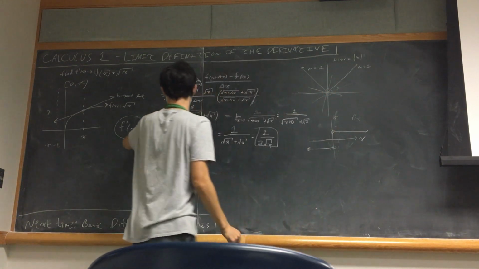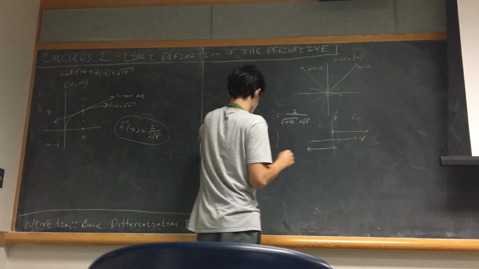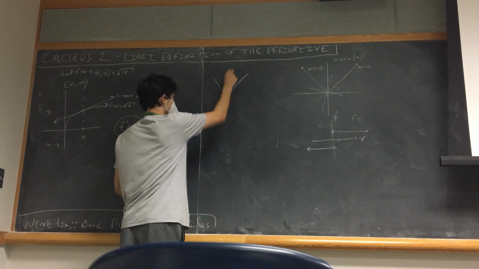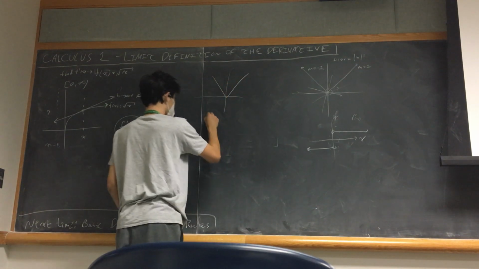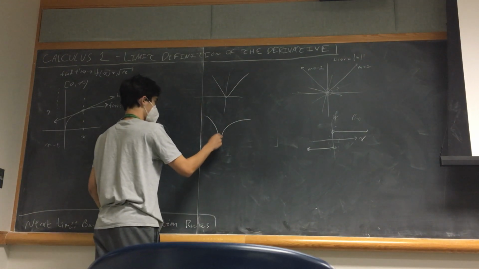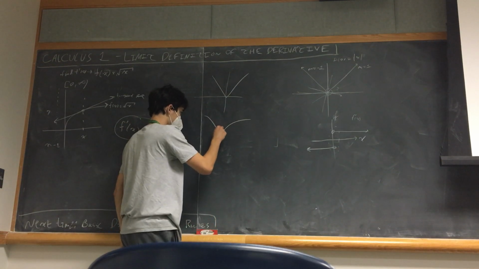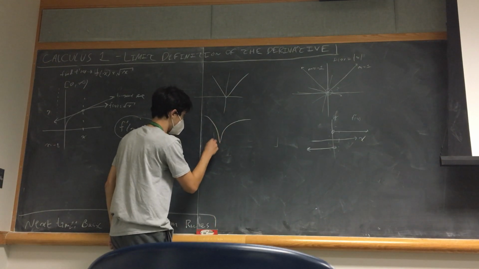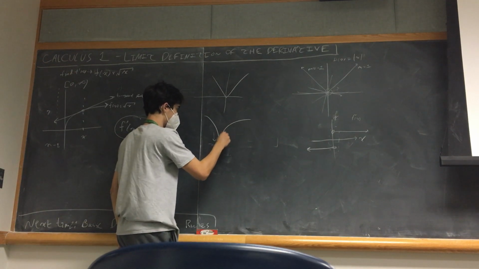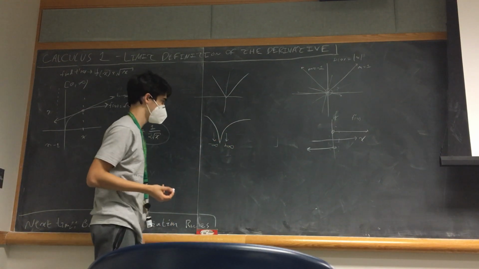And what this tells us is that anytime you see a graph that has either a point or that has one of these, the reason the derivative doesn't exist here is you look from this side, the slope is approaching negative infinity, and from this side, the slope is approaching positive infinity.